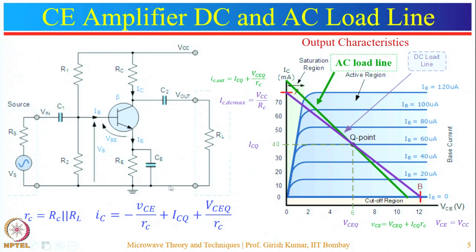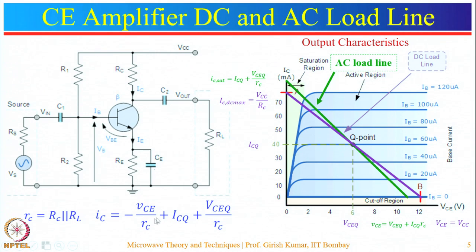By simplifying this, you will get this expression: IC equals minus VCE upon rc plus ICQ plus VCEQ upon rc. This represents the relation between the IC and VCE. It is a straight line, so one can draw a straight line using this when they want to see the characteristics in IC versus VCE.